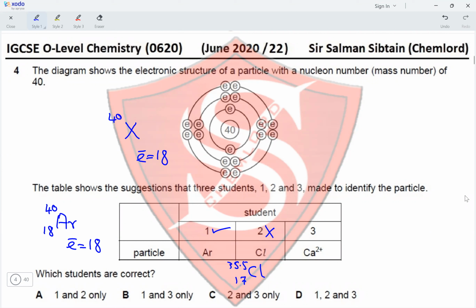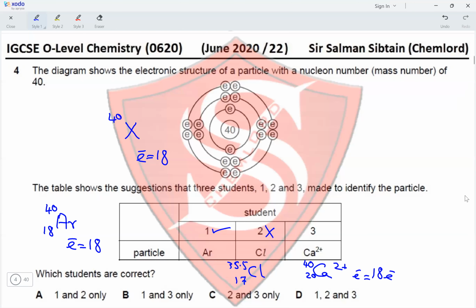And for the third one, calcium 2 positive. So according to the periodic table, calcium has an atomic number of 20, a proton number of 20 because the nucleon number is 40. And when it has a 2 positive charge, it will be 20 minus 2, which will give us 18 electrons.